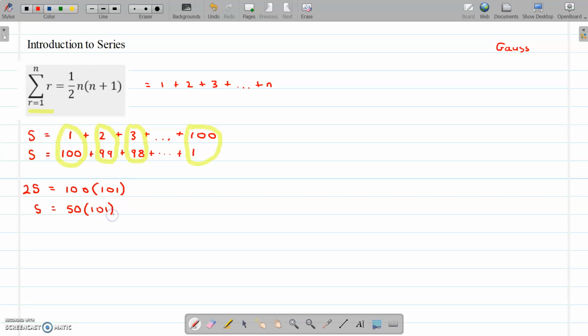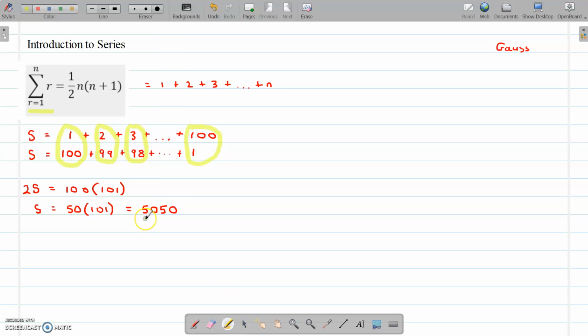And 50 times 101, you can almost do in your head straight away, is 5050. And that is the sum of the first 100 counting numbers.